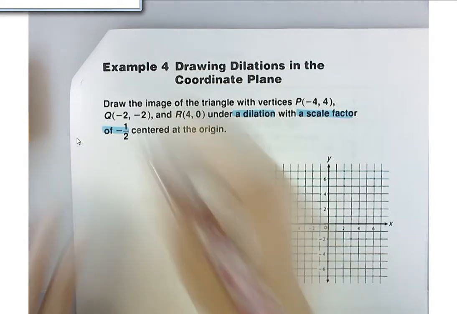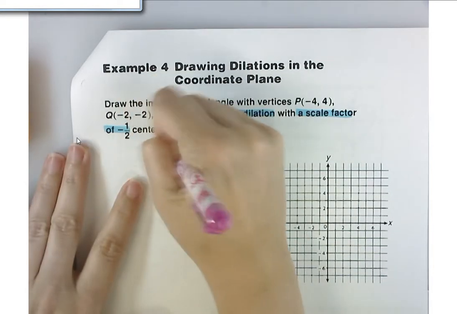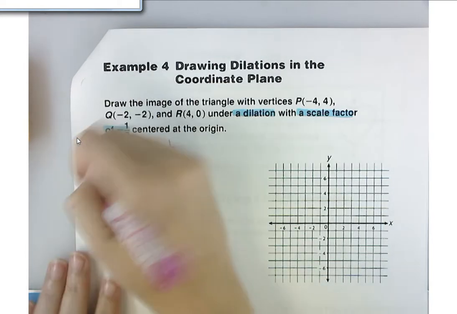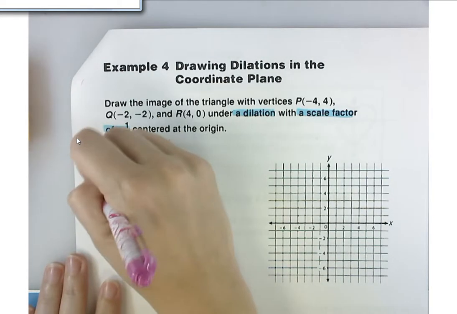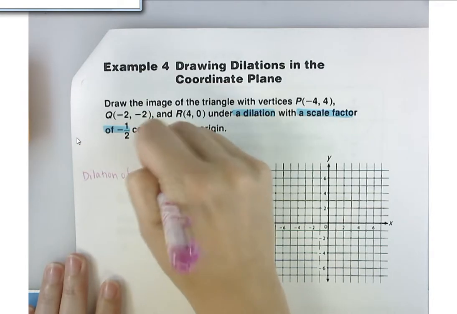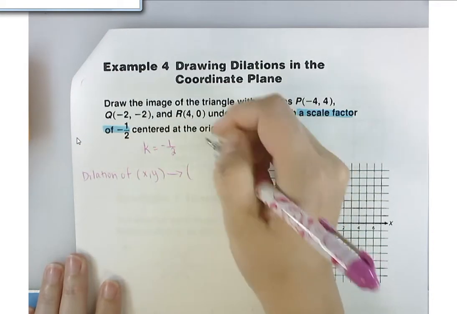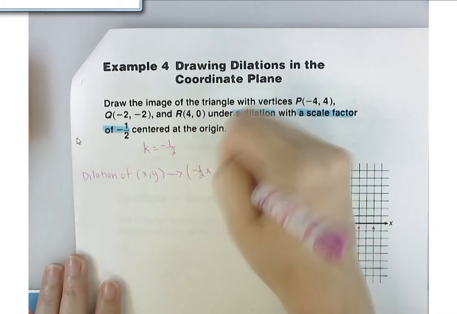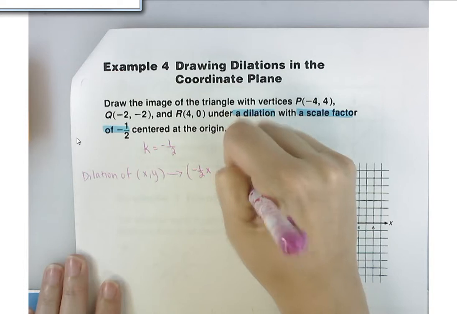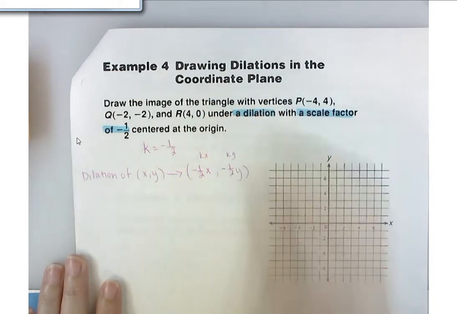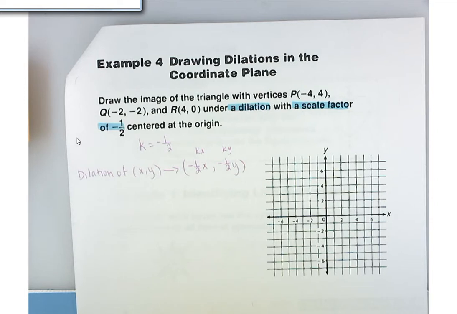Okay, so your k value they give you is -1/2. We know that the rule for the dilation of (x, y) is (kx, ky), which is (-1/2 x, -1/2 y).